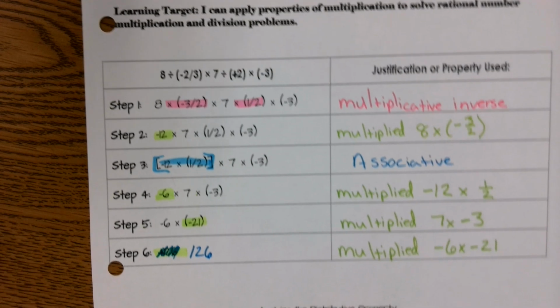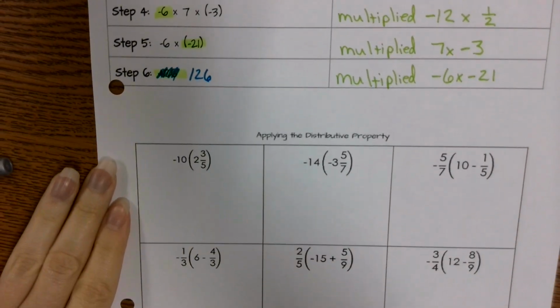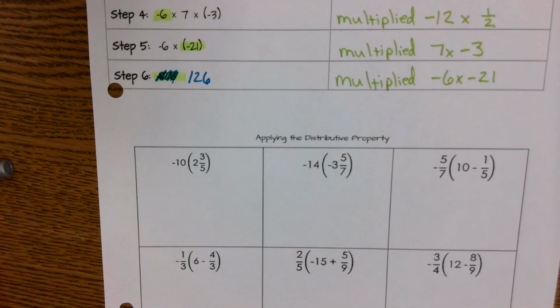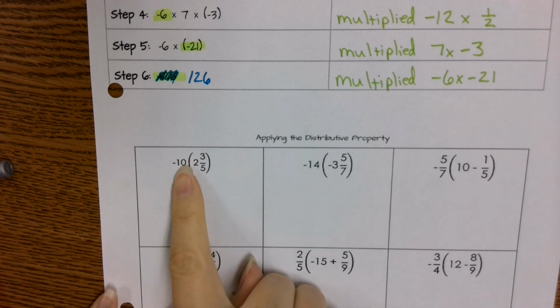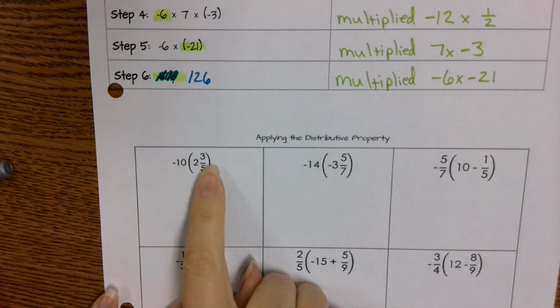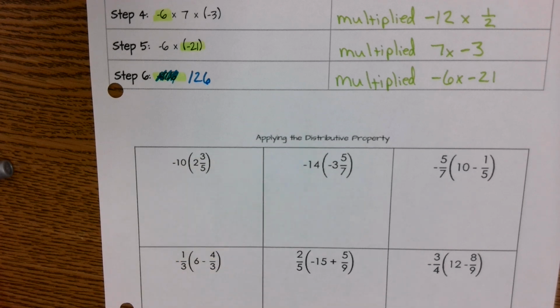All right. We're going to go down to this one here, applying distributive property. We can apply the distributive property even when it's just a whole number multiplied by a mixed number. Remember, we can split a mixed number apart by pulling the whole number and the fraction separate.